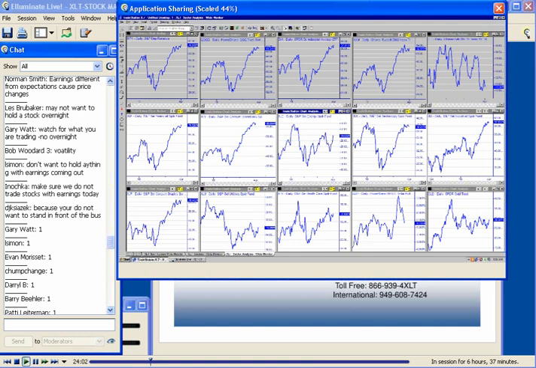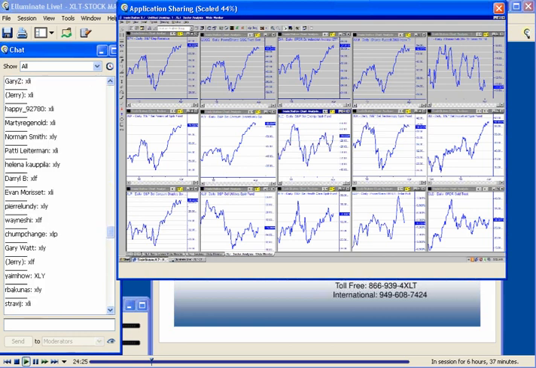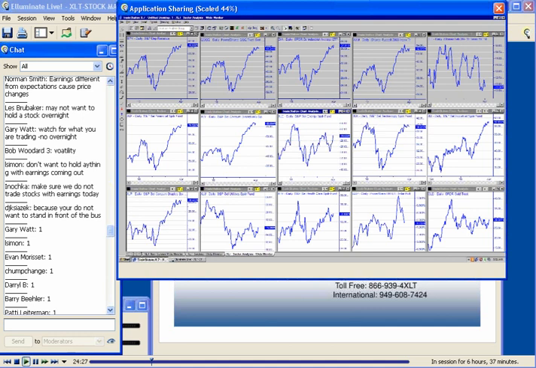XLF, XLY? Which one of these looks to be the strongest sector of all the sectors there? I'm getting a lot of XLIs, XLYs, XLF, XLE, XLI, XLF, XLP.